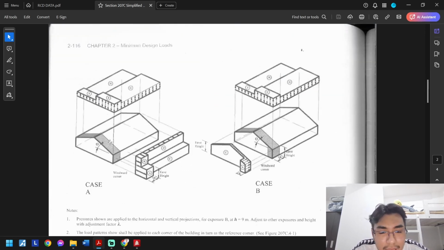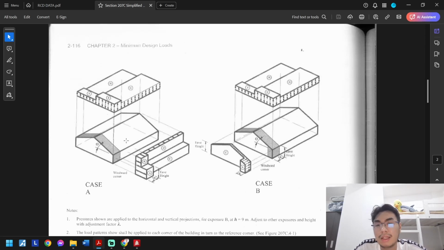In case A, wind is projecting from the side view of the building, so it is coming either from the left or the right side. Then it has also four cases wherein each corner of the building is studied and subjected to wind loads.